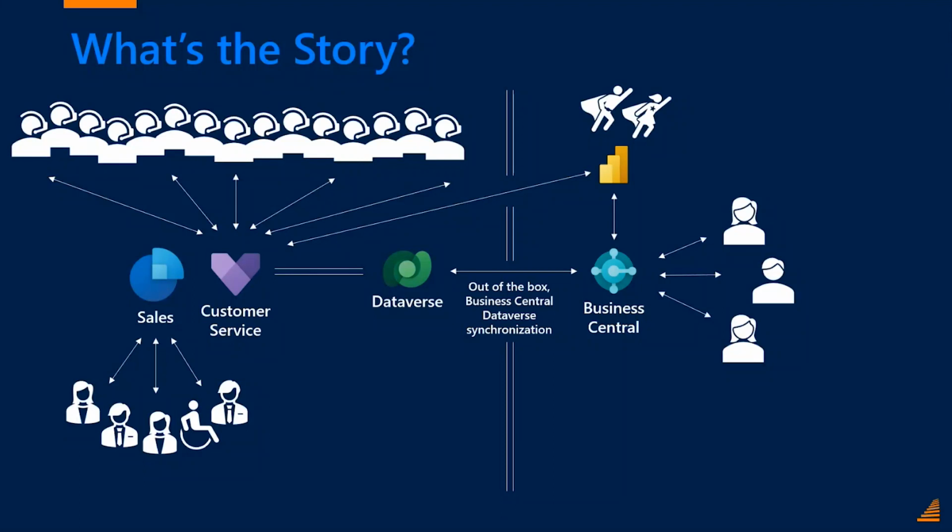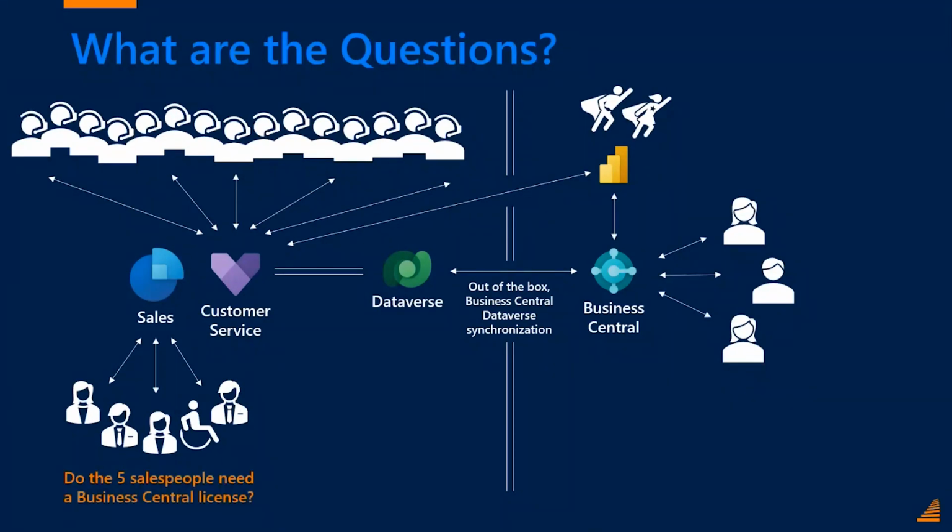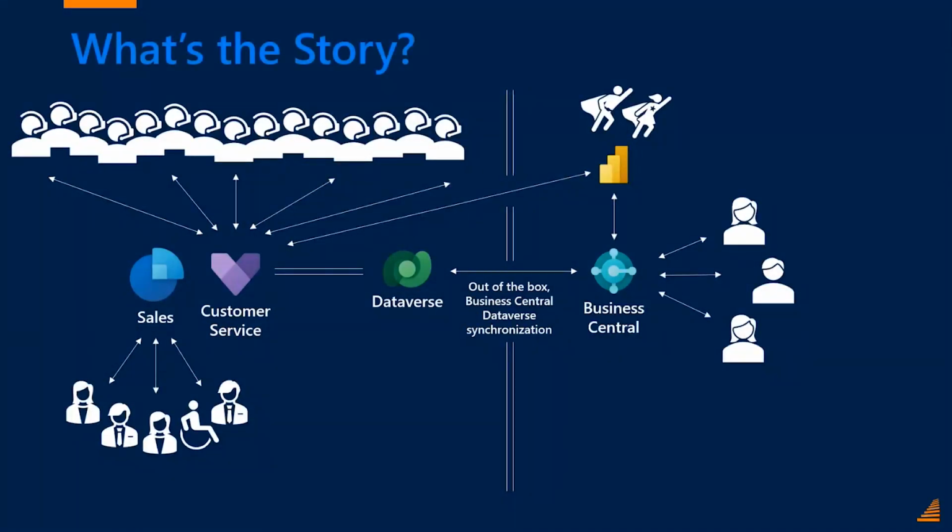We're in the same scenario as with the customer service reps. Microsoft do this base and attach license, right? So if they did need to use Business Central, attach a Business Central license. Because they don't, do they need a Business Central license? Same as customer service, we don't think so, and we don't think the finance people really need a Sales license. They're not going to get the user benefit.